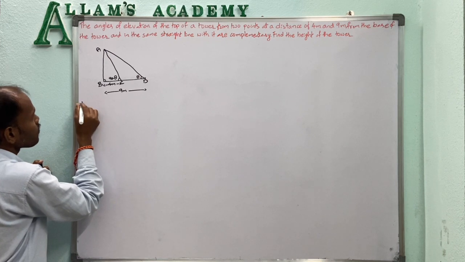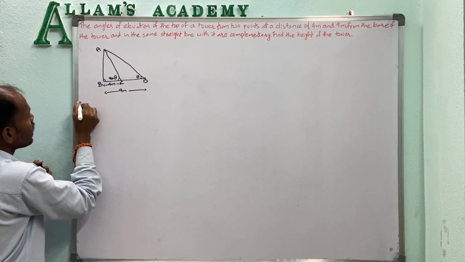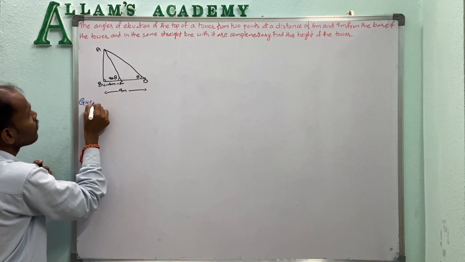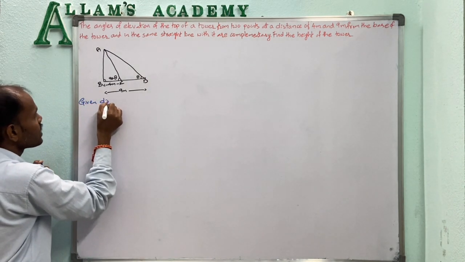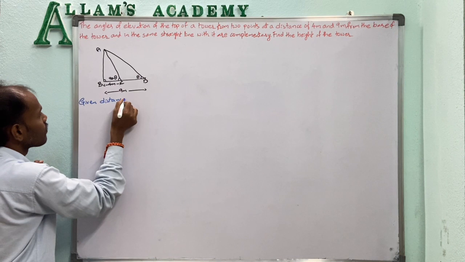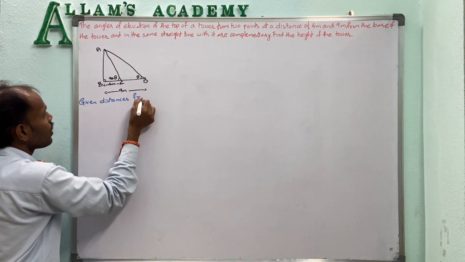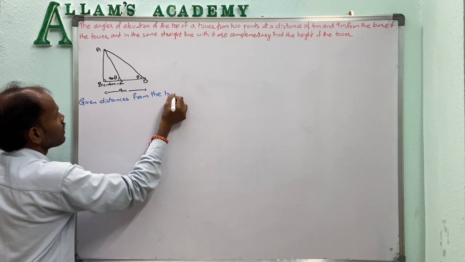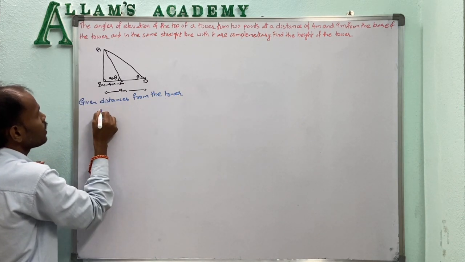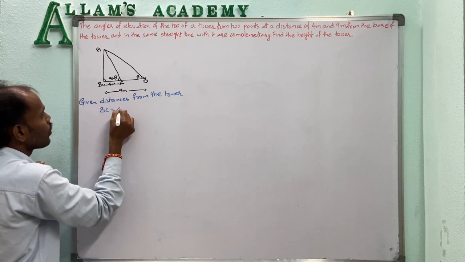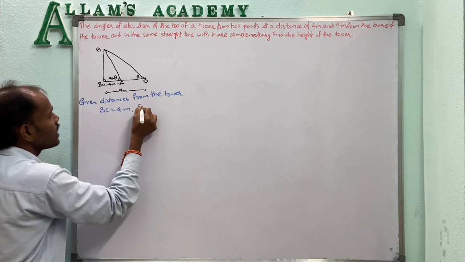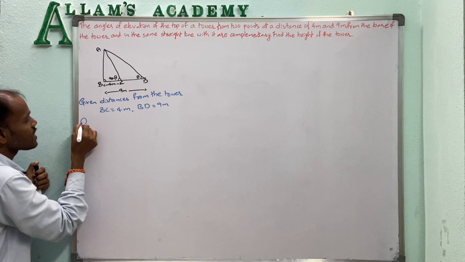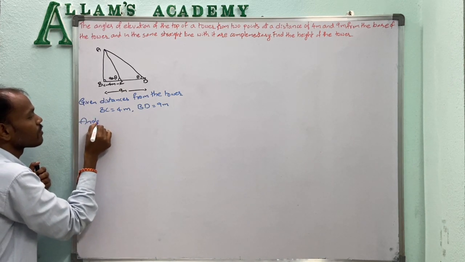Distances given from the tower, not pole, tower: BC equal to 4 meters, BD equal to 9 meters, and the angles of elevation.